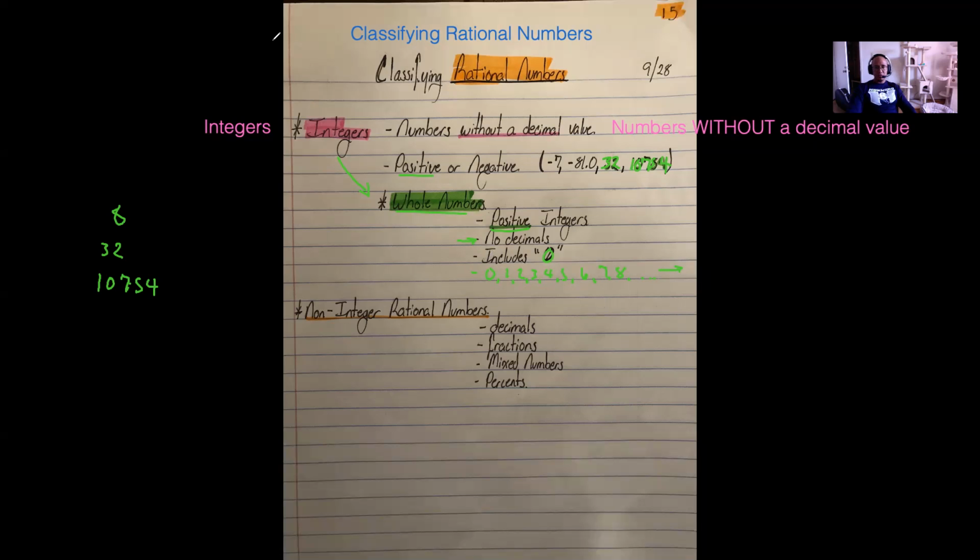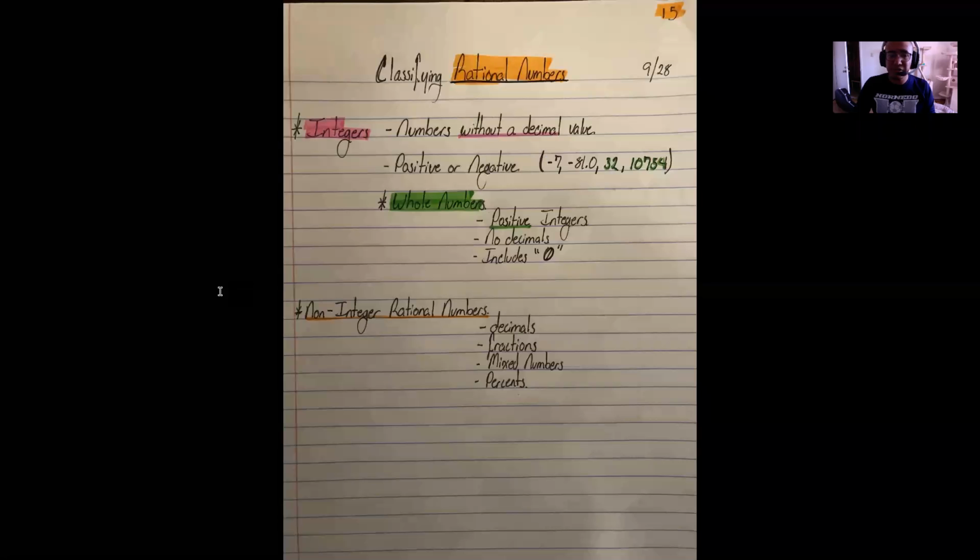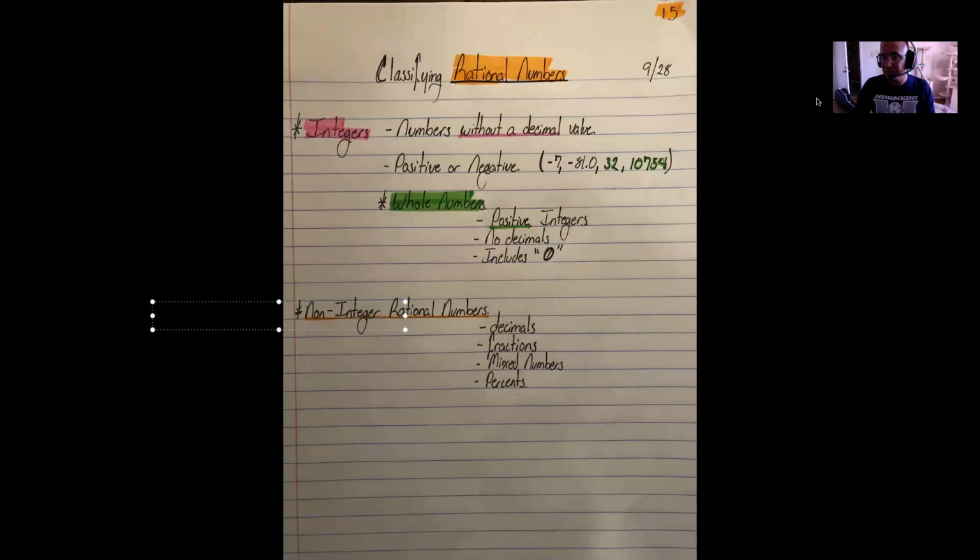Very well. Moving on. Next, let's talk about rational numbers. So we talked about integers. Those are rational numbers without a decimal value. But now let's talk about rational numbers that are not integers.